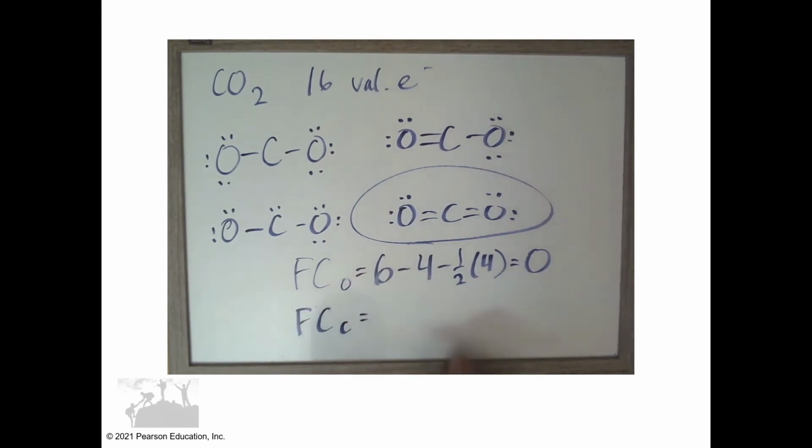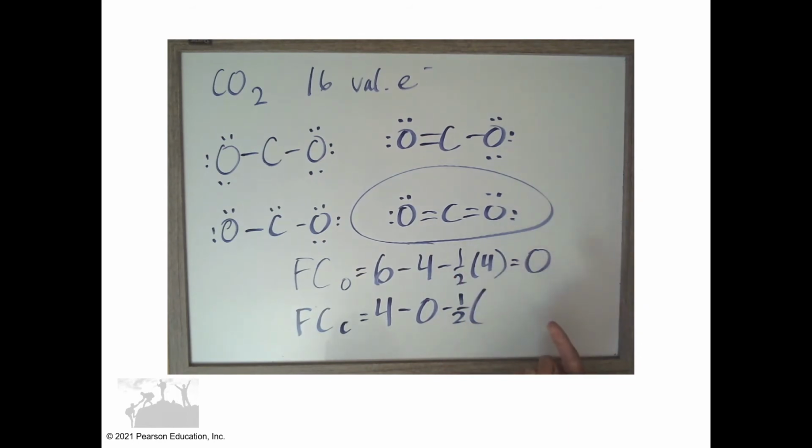Now let's do the same thing for carbon. How many valence electrons does carbon have? Looking at the periodic table, you see that it's 4. How many non-bonding electrons does carbon have? 0. You don't see any dots in our Lewis structure. How many bonding electrons does carbon have?